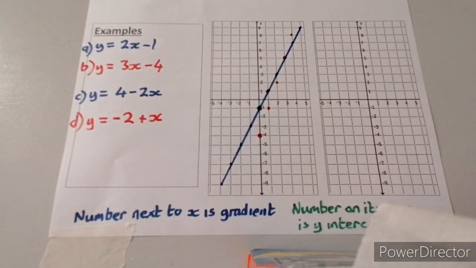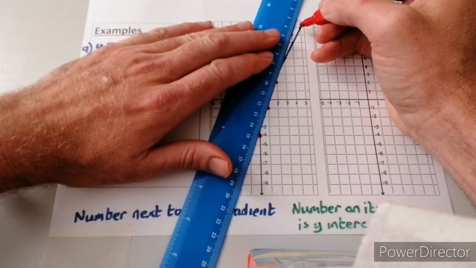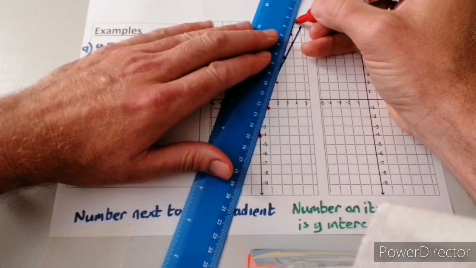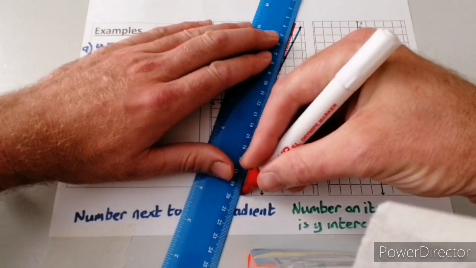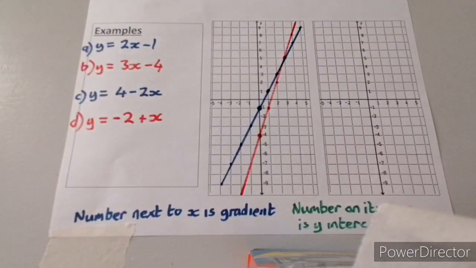When I do this, I always plot about 4 or 5 dots, and that just makes sure that I'm going to get a straight line. If you only do it with 2 dots, you can go off course quite significantly. So I always do 4 or 5 dots. There we go. That in red is the equation of 3x minus 4.